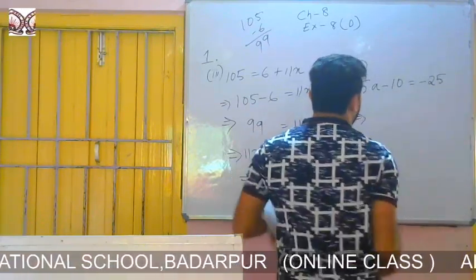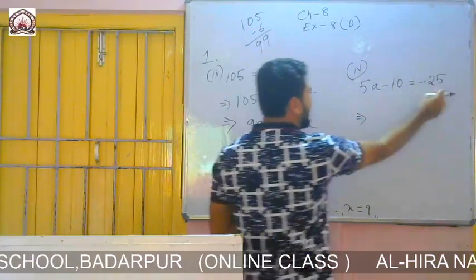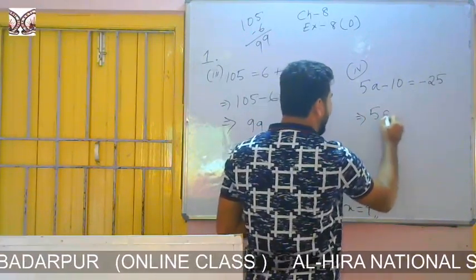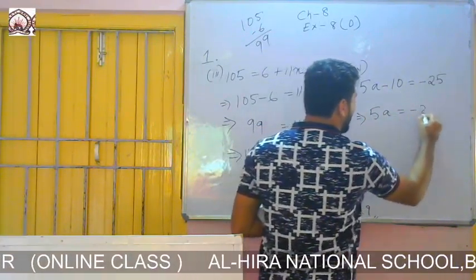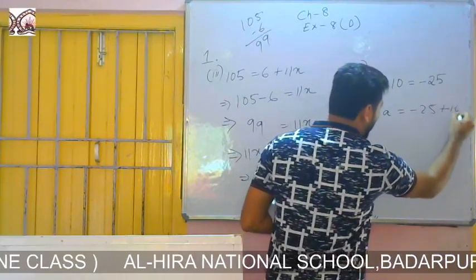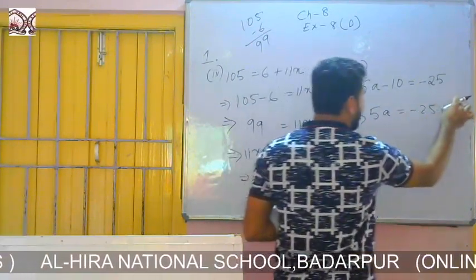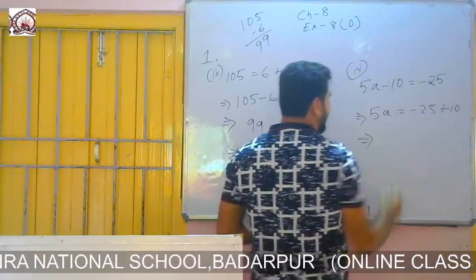That means here, I will take this one to the right side, then 5a equals minus 25 plus 10. Because here it is minus, if I take it to the right side, it will become plus.